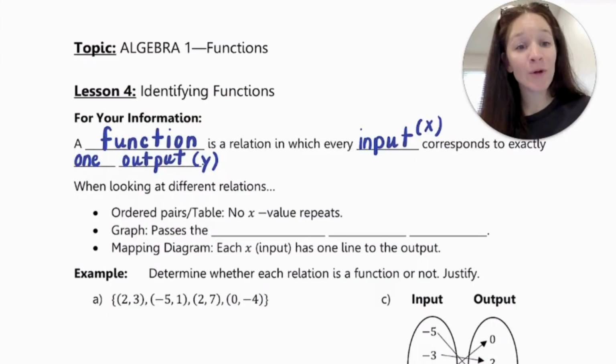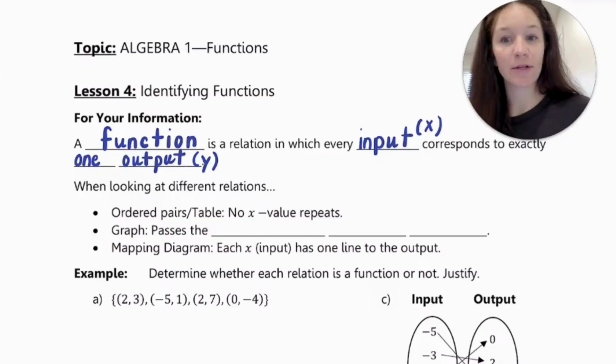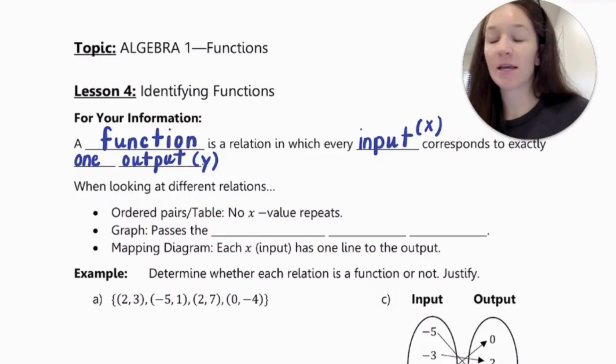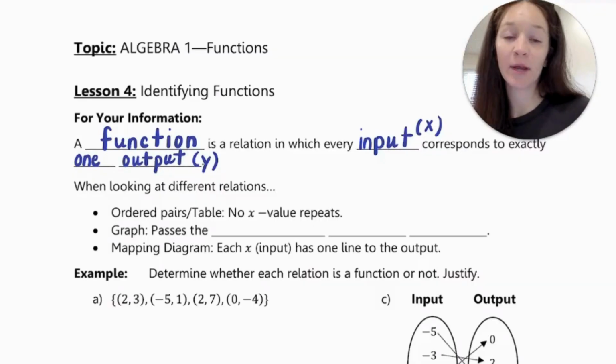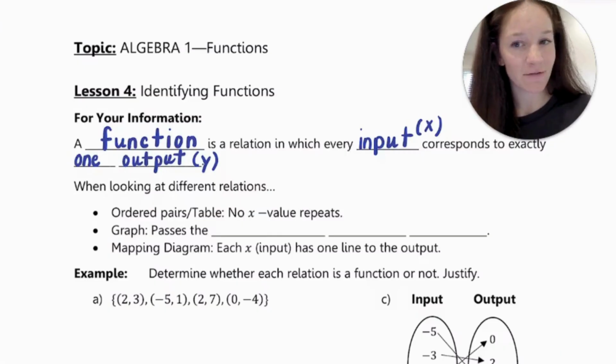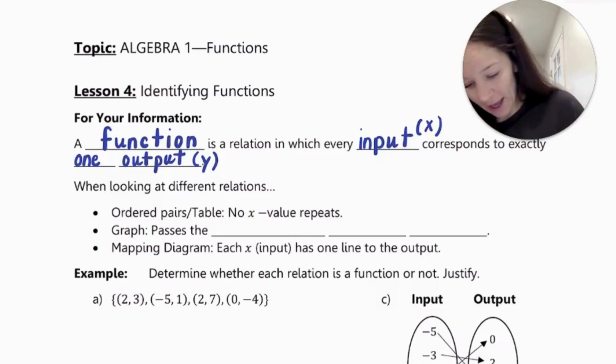So when we're looking at different relations given in different ways, whether it's an ordered pair, a graph, a table, a mapping diagram, there's different little things we can look out for in each of those ways that will easily help us point out whether or not the relation we're working with is or is not a function. The first thing we have is when we have ordered pairs or a table.